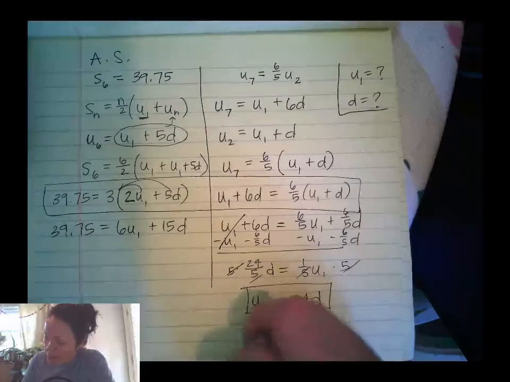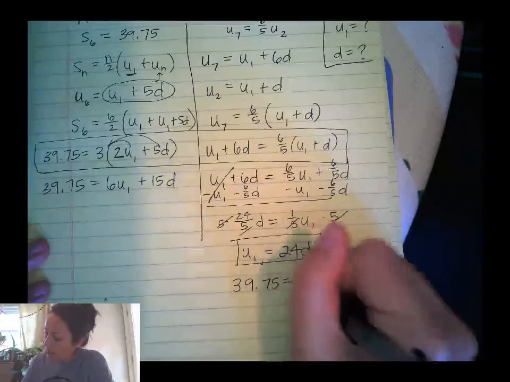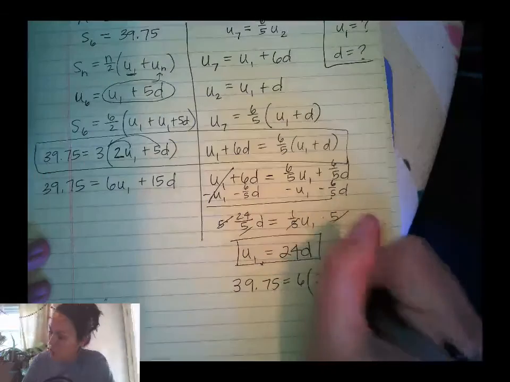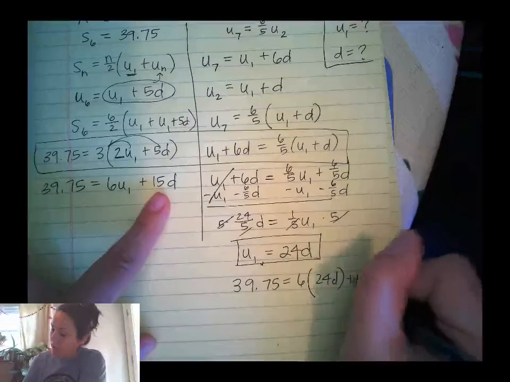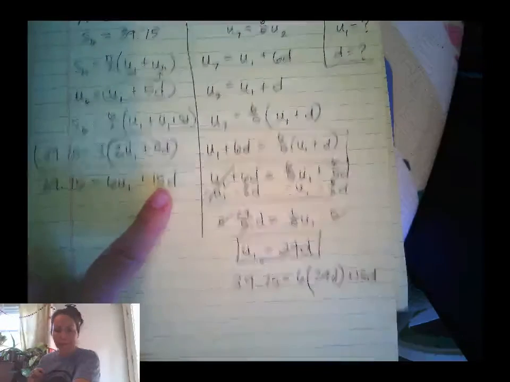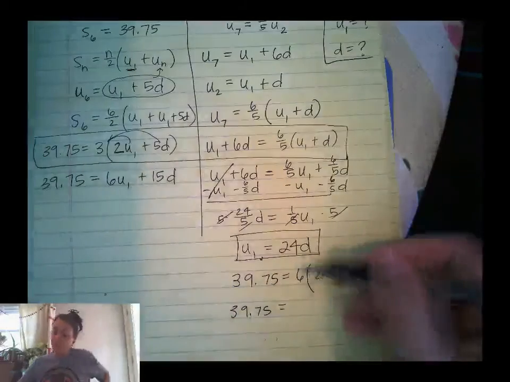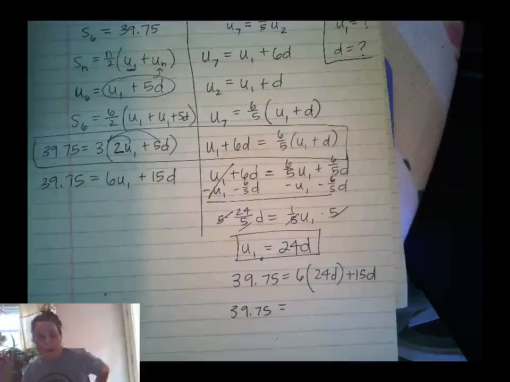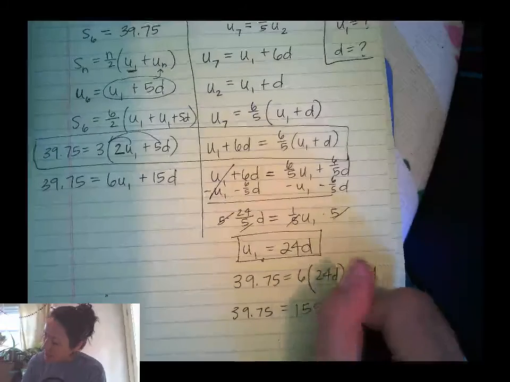So I have 39.75 equals 6 times u sub 1, which is 24d, plus 15d. All right? Simplify. So I'm going to distribute 6 times 24d, add 15d, and I get 159d.